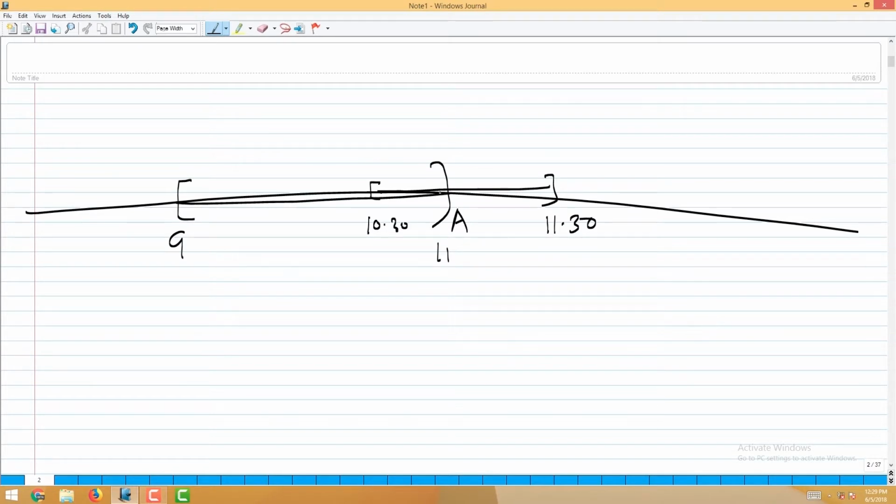And then the other one is from 9:30 to 10:45. Like that you can associate with each lecture a time interval.